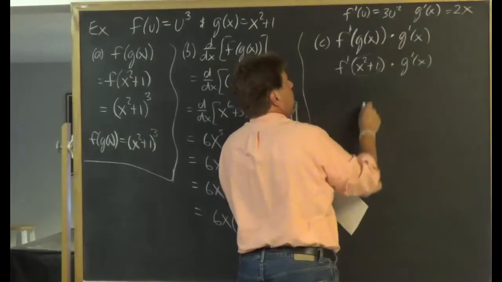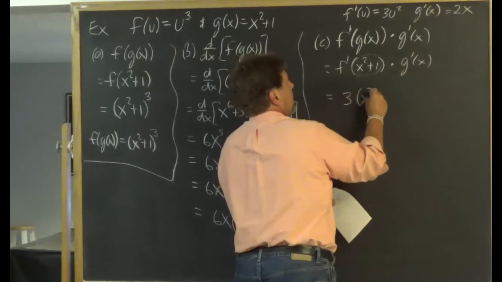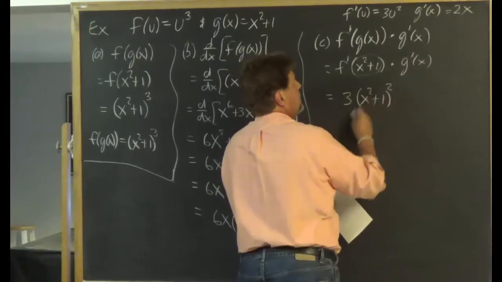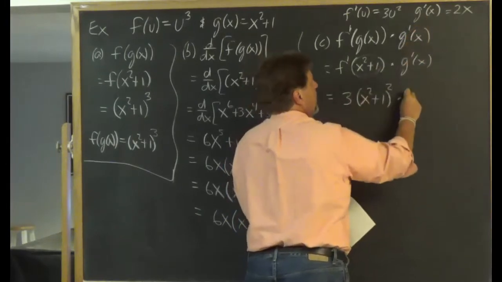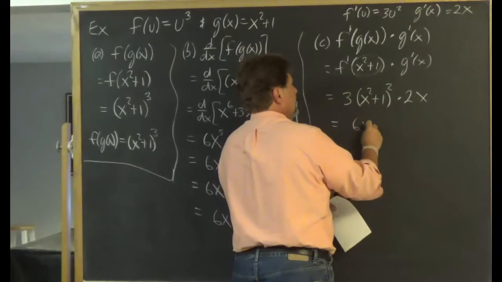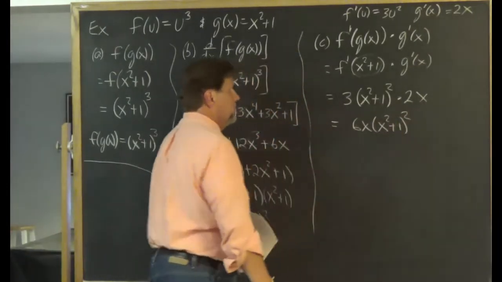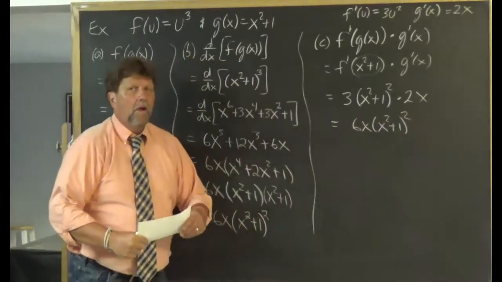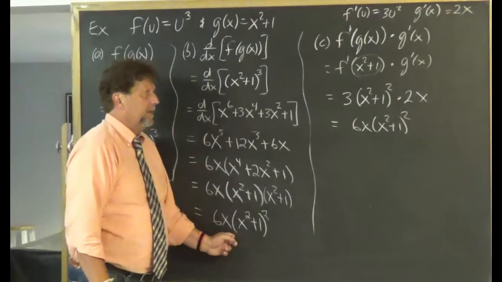We put it in for the u, and that gives us 3 times x squared plus 1 quantity squared times, well, g prime of x we know is 2x. So if we clean this up, we get 6x times x squared plus 1 quantity squared, which is the exact same thing as what we had in part B.